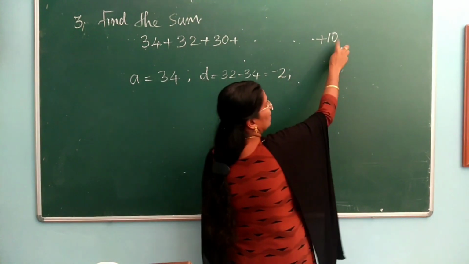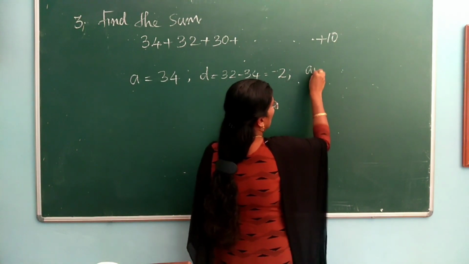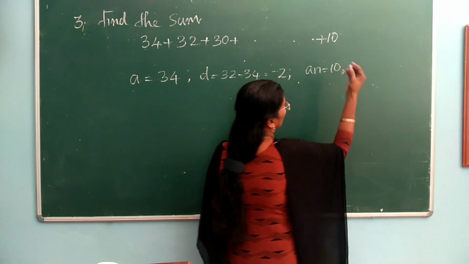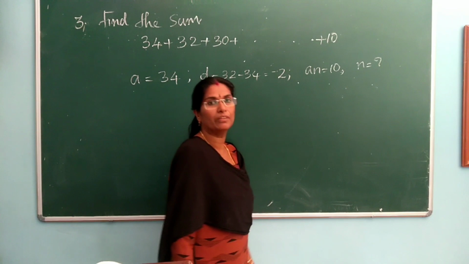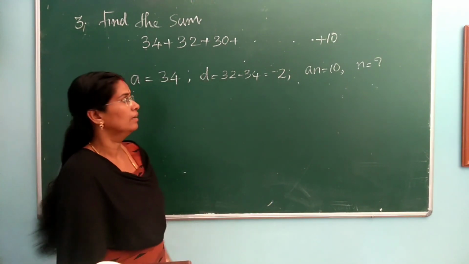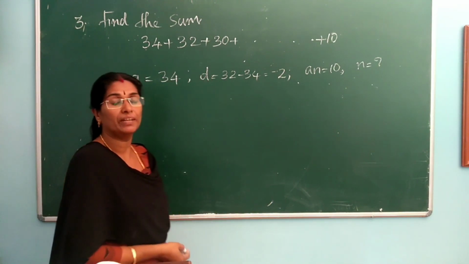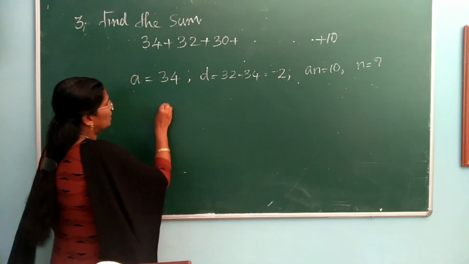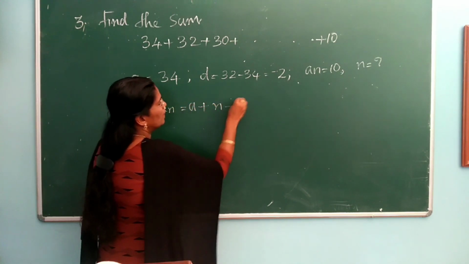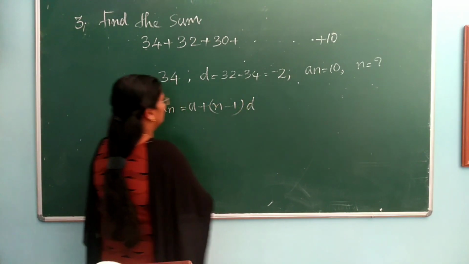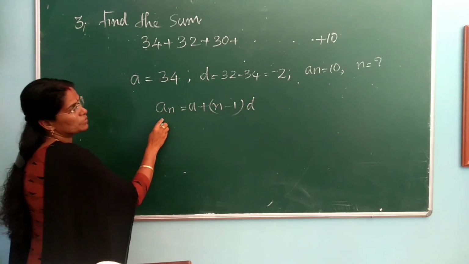What is the last one? That is an is equal to 10. n is not given. Okay, first we want to find n. In the last class we learned how we find n, that is by applying the formula an is equal to a plus n minus 1 into d. Now substitute the values.